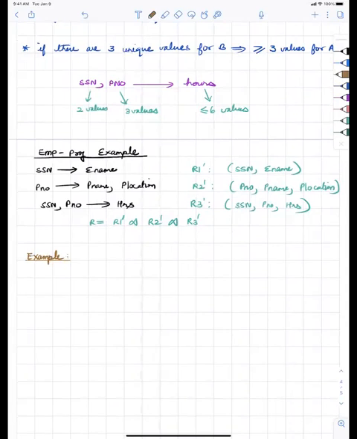So let's have this table with 3 rows, and then we have these values.